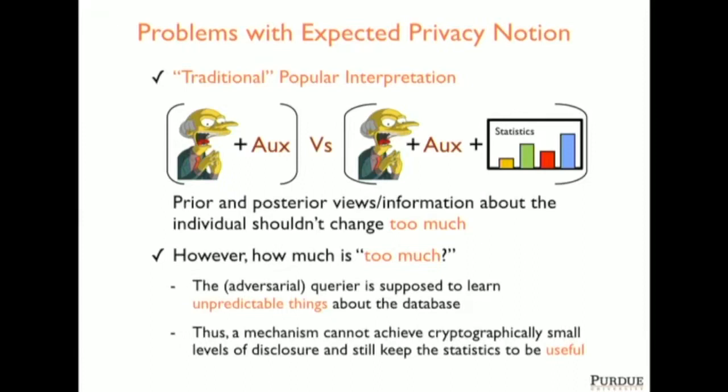But as it turns out, that won't be the scenario in database release, because the statistical information should also provide some utility, so that you can obtain some information from the answer to the query. So the key thing is that a mechanism that achieves a cryptographic level of negligible advantage to the adversary possibly cannot provide useful information as the answer to the query.